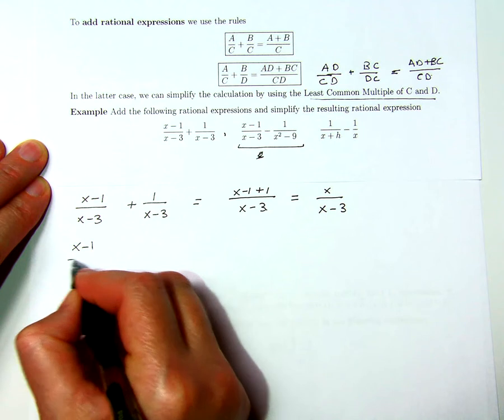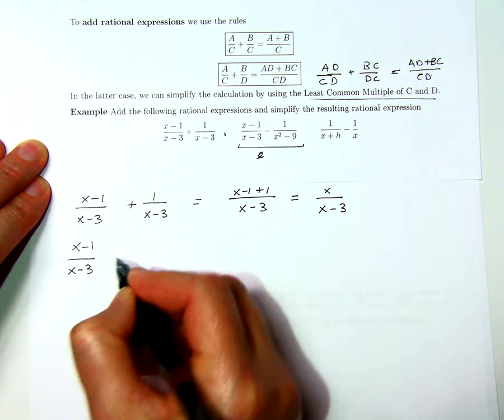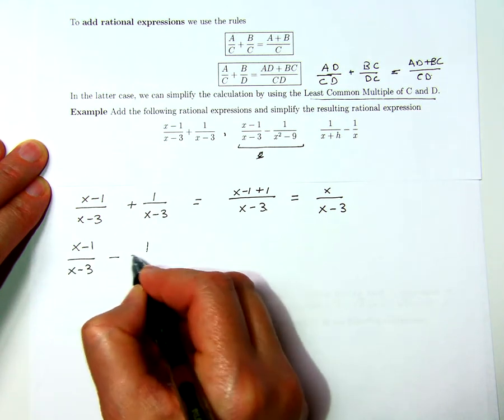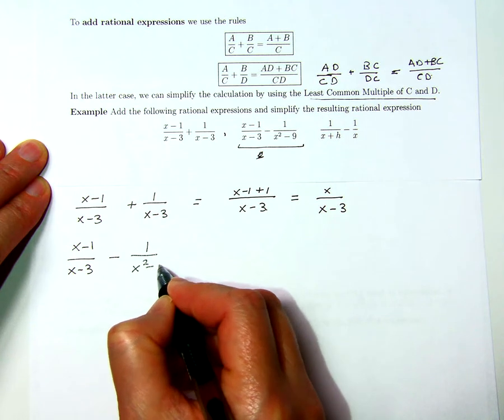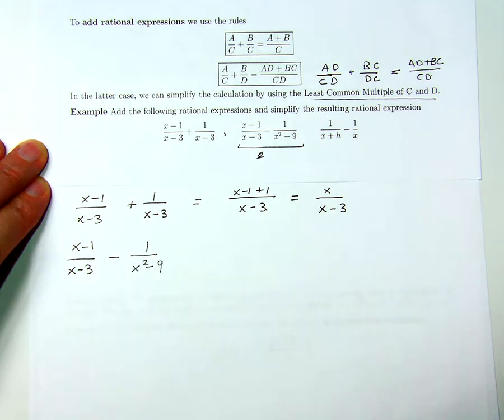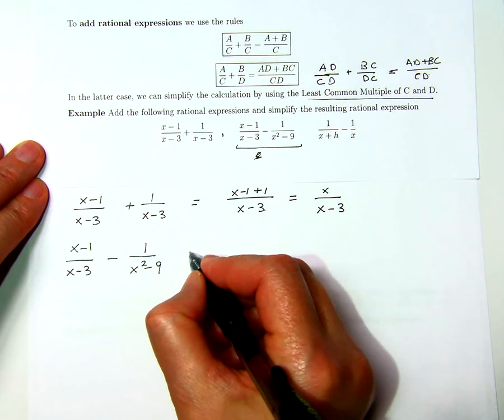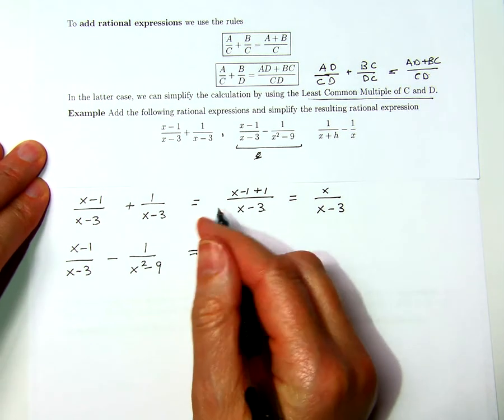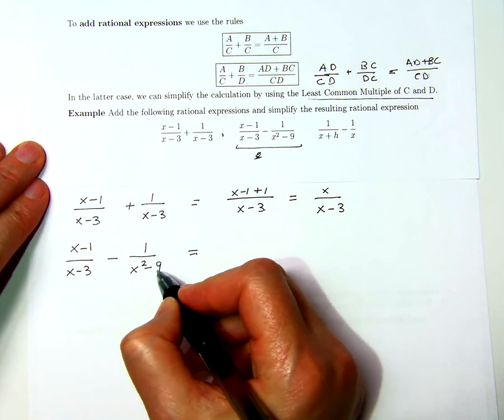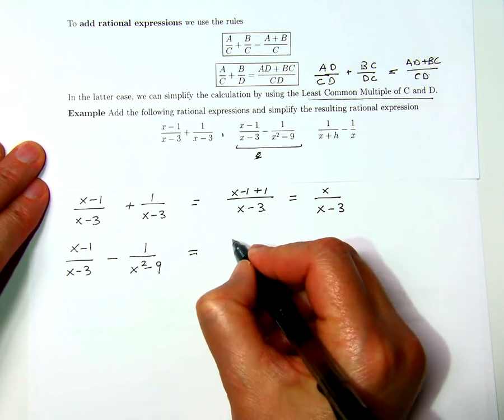x minus 1 over x minus 3 minus 1 over x squared minus 9. Now, as I mentioned before, when dealing with rational expressions, it's much easier to see what's going on when you factor the polynomials.